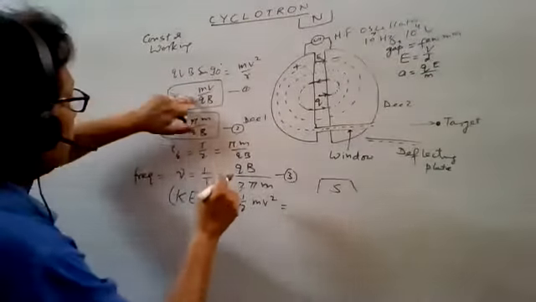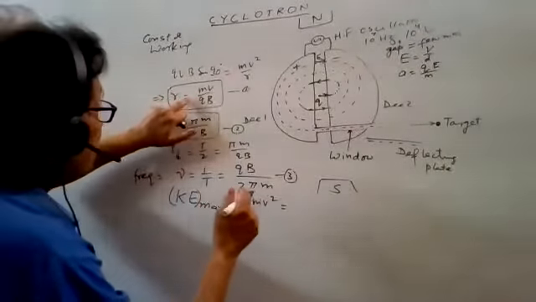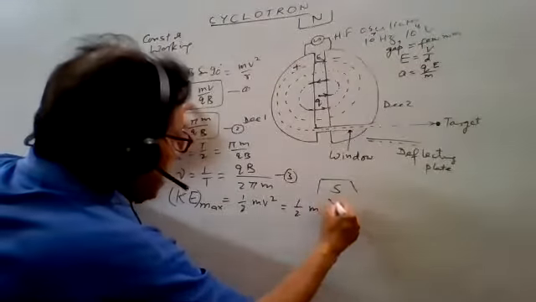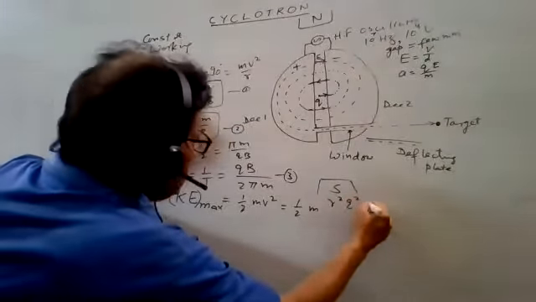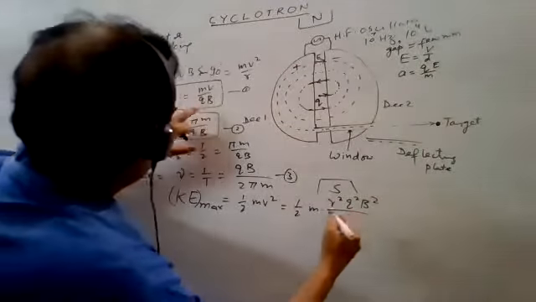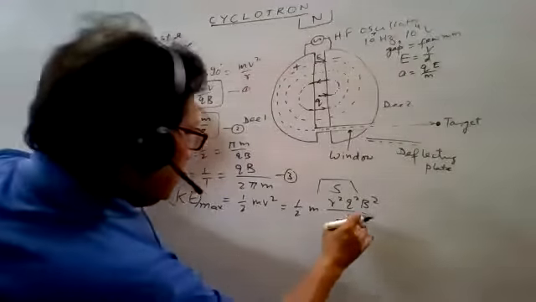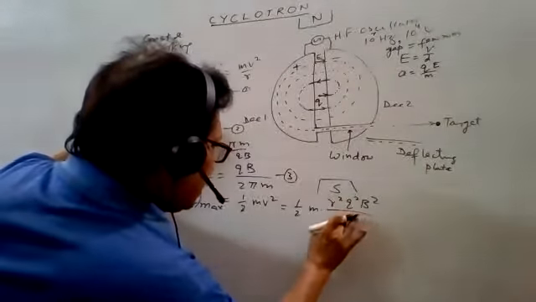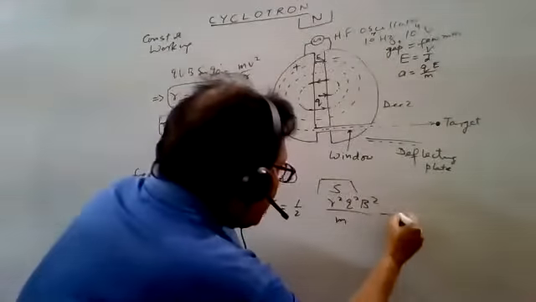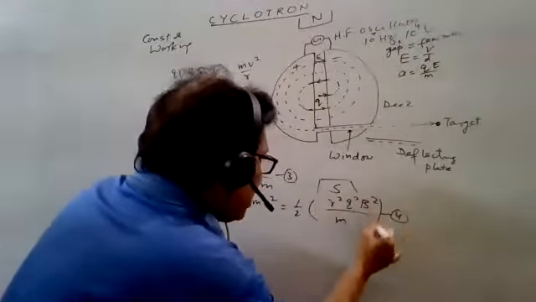The velocity here is rqB upon m from equation 1. So in this value, v square means r square q square B square upon m square, and one m is cancelled out like this. So this is the final kinetic energy.